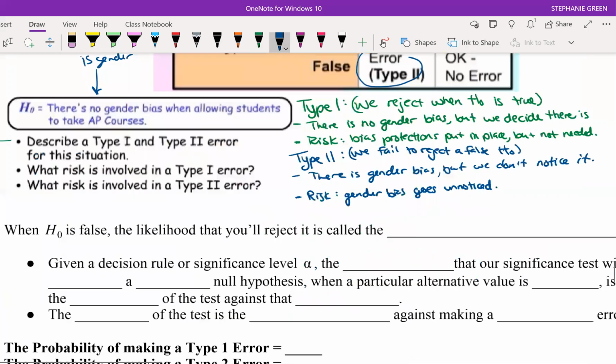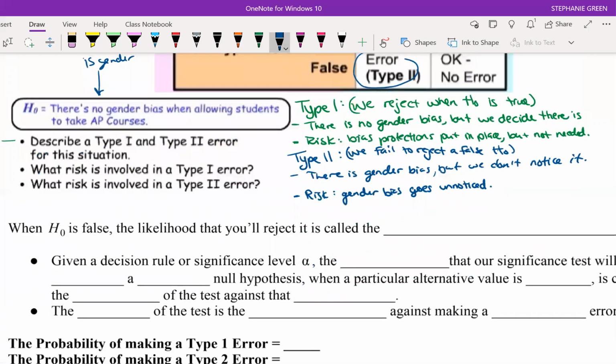When H naught is false, the likelihood that you'll reject it is called the power of the test. Remember, when we're doing a significance test, the whole point is we want to reject H naught. So the probability of correctly rejecting H naught is the power of the test.